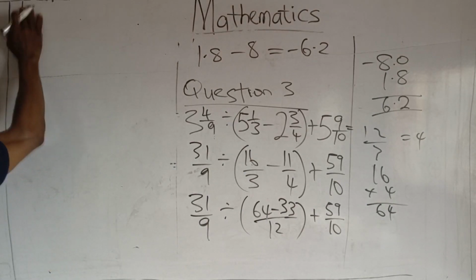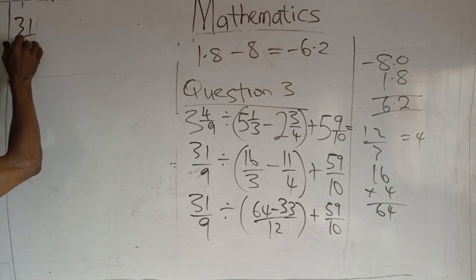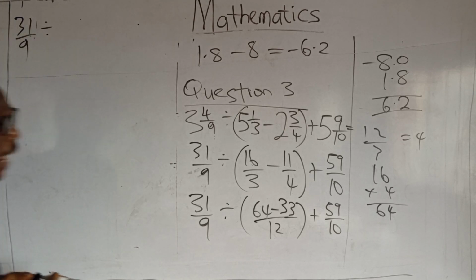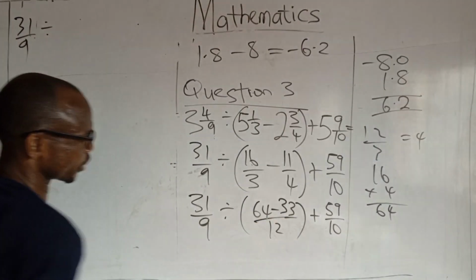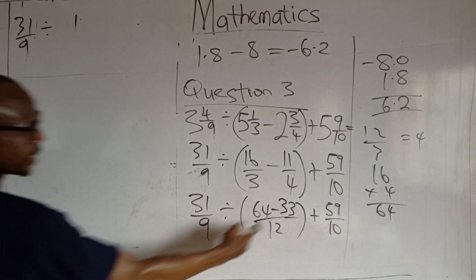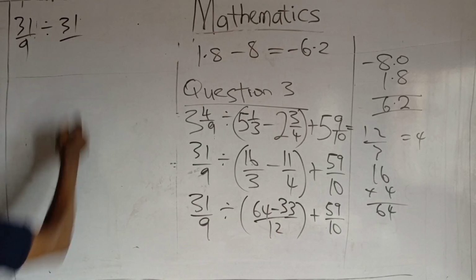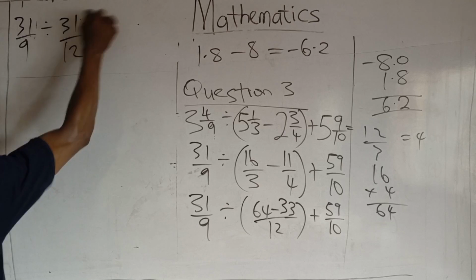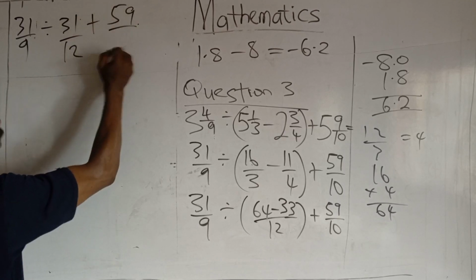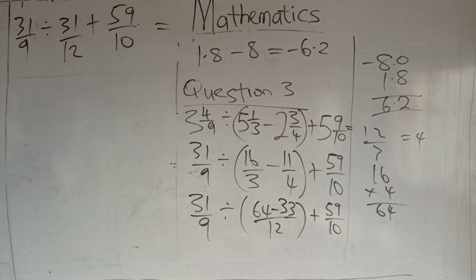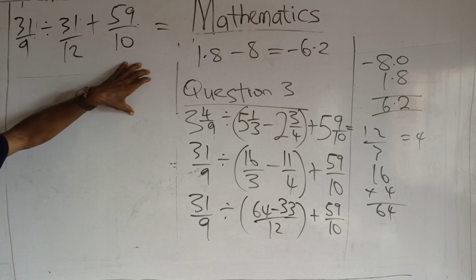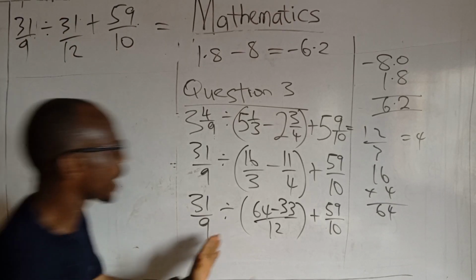So let's take our value here. 31 over 9 divided by 64 minus 33. We have 1. At 6 minus 3, we have 3. All over 12. Then plus 59 all over 10. You can see that. Now, look at that. We are through now with the bracket.